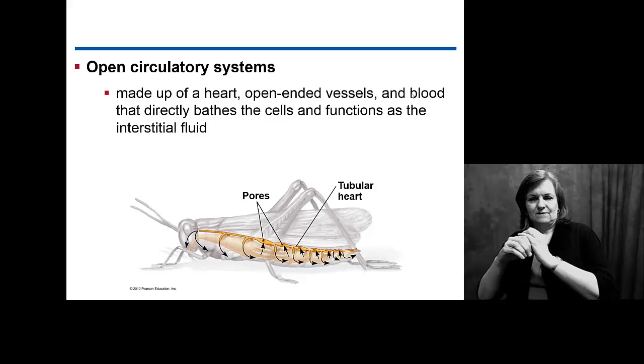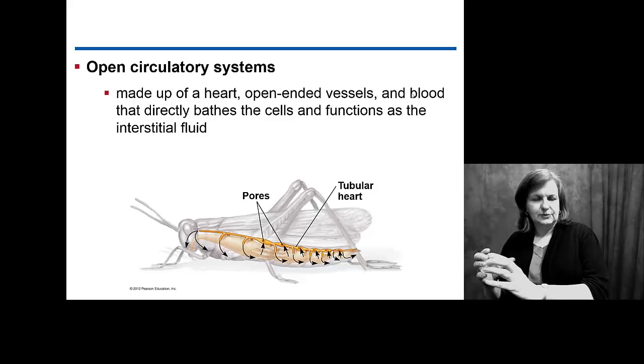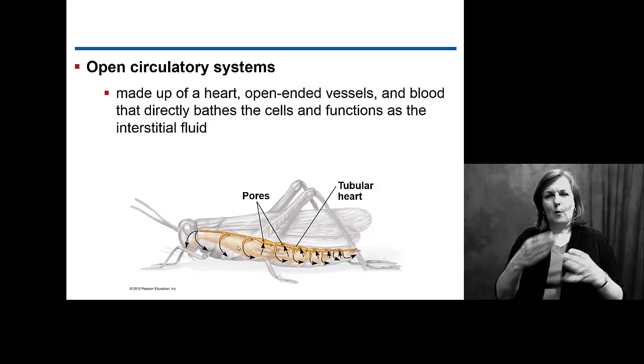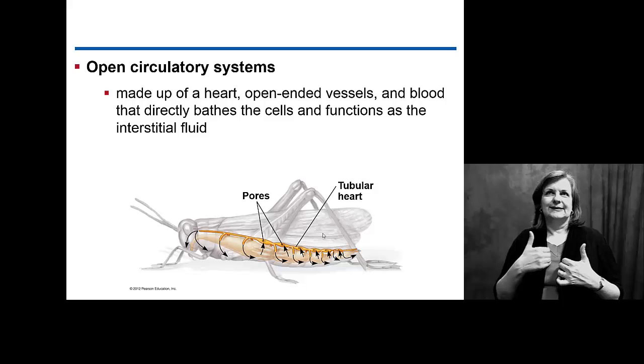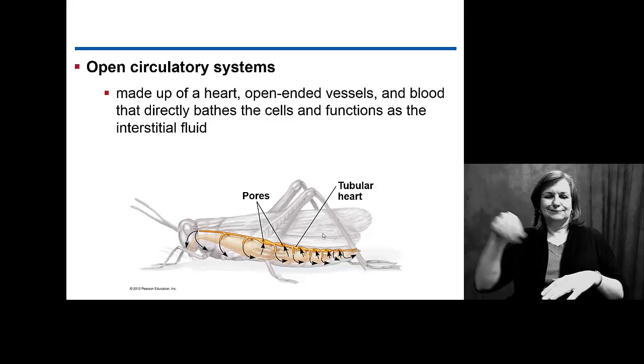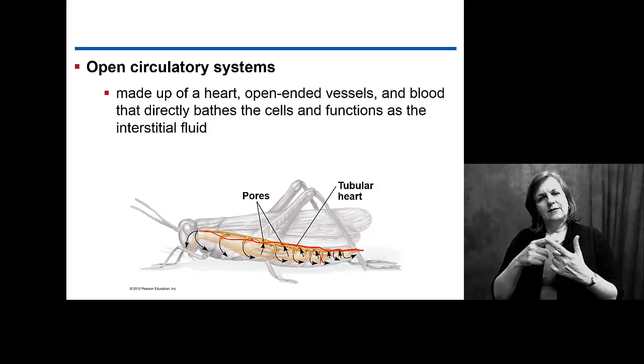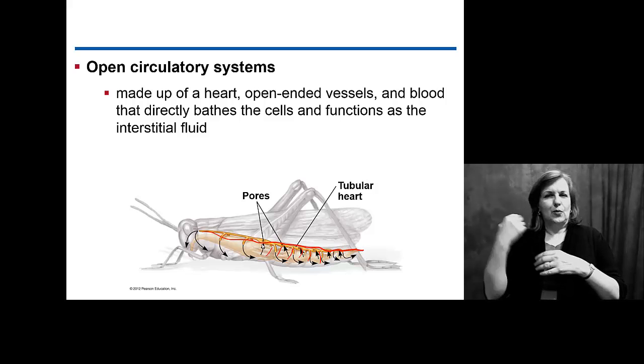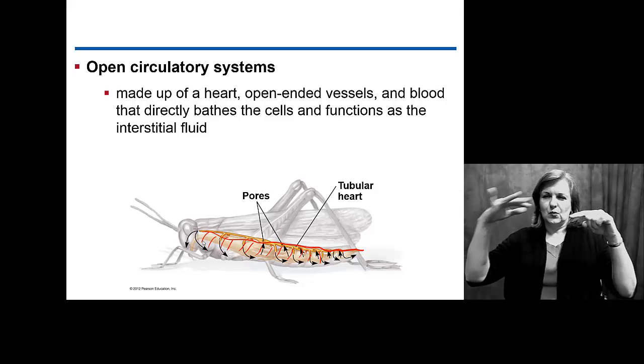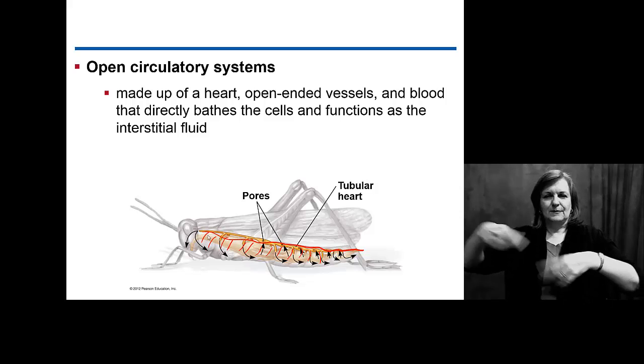In you, your blood is all contained. Okay? In these guys, we actually look at essentially some sort of watering system, basically, where the blood is flowing along the back here and is actually going to essentially drip down onto the tissues of our little grasshopper friend.